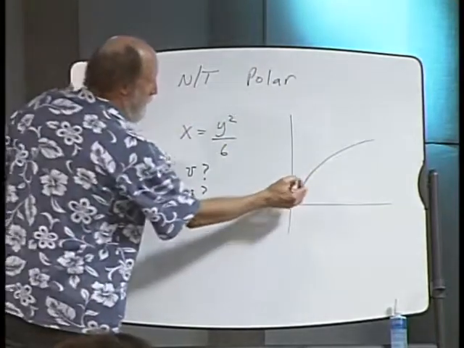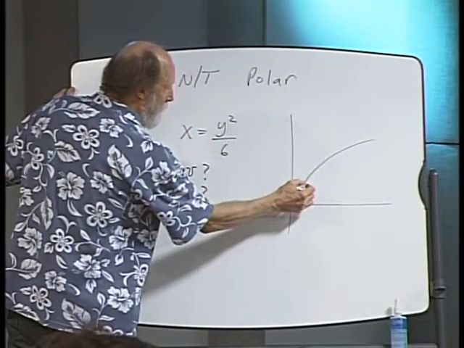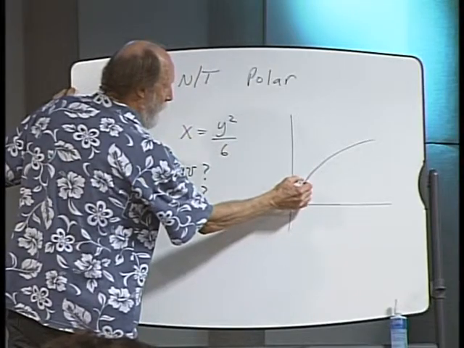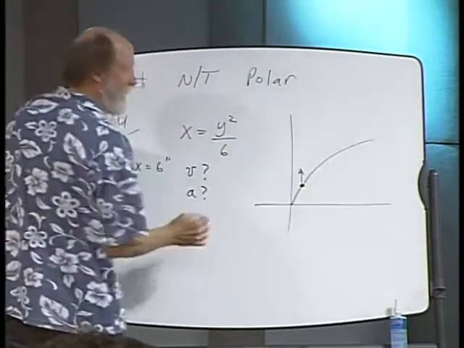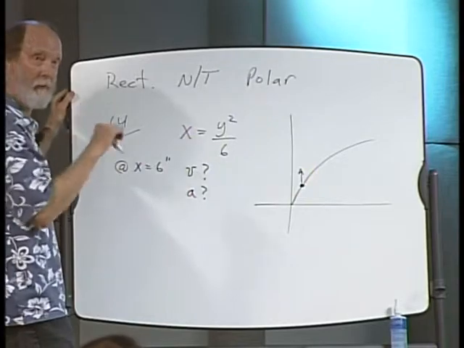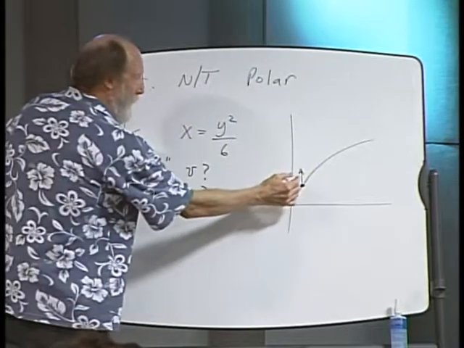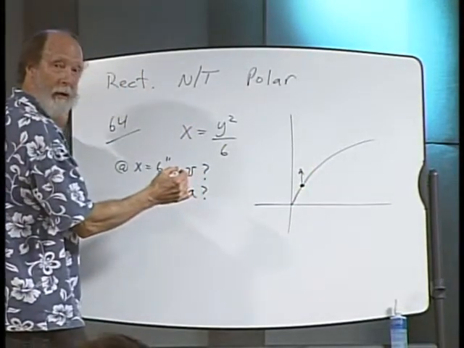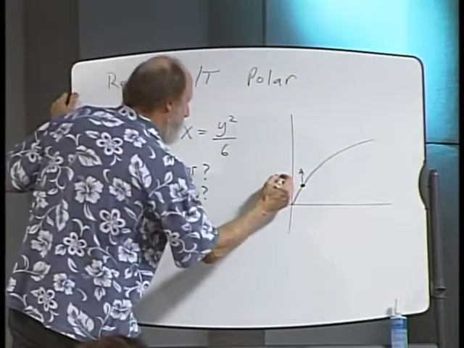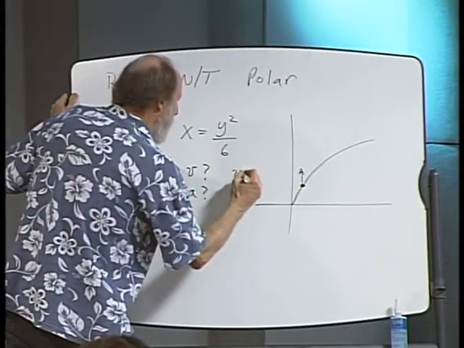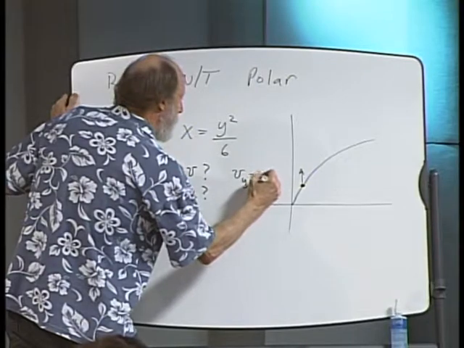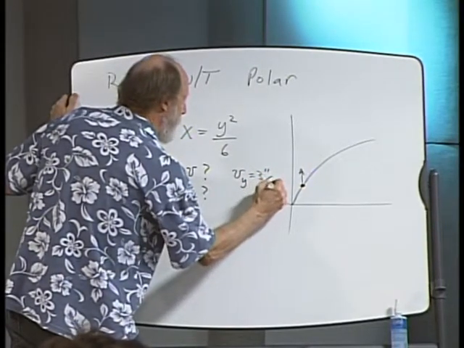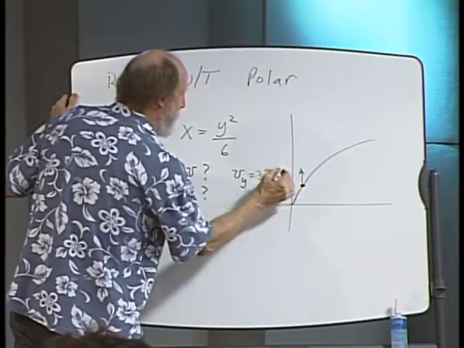What we do know is that at any location, they told us that the vertical component of velocity, because of the frame motion, is constant at 3 inches per second. So Vy is equal to 3 inches per second, and that's a constant.